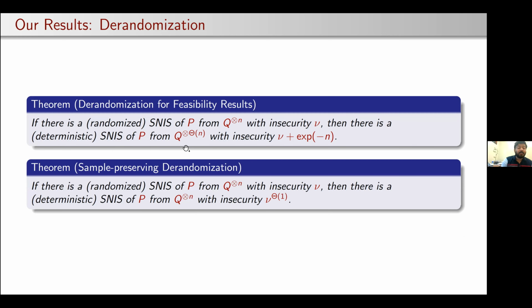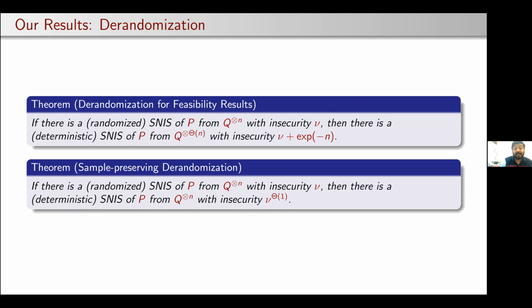However, this result is not useful if we are interested in studying the rate of secure non-interactive simulation, because it uses more source samples. So we have a sample-preserving de-randomization result as well, which says that there is a deterministic simulation of the target from the source that preserves the number of source samples. However, the insecurity becomes something like the square root of the insecurity.